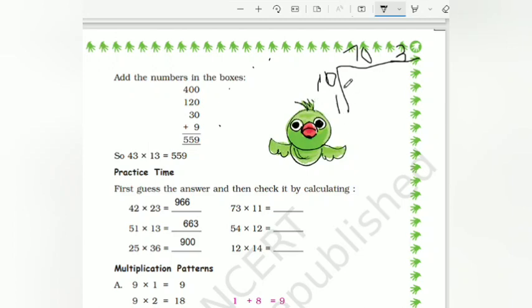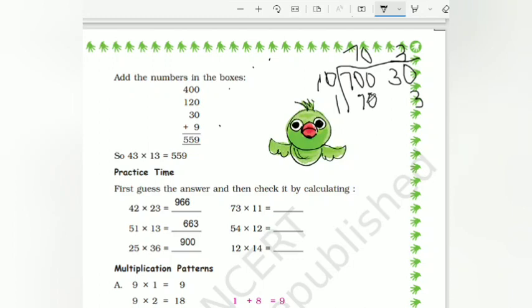So 70 into 10 is equal to 700. 70 into 1 is equal to 70. 3 into 10 is equal to 30. 3 into 1 is equal to 3.